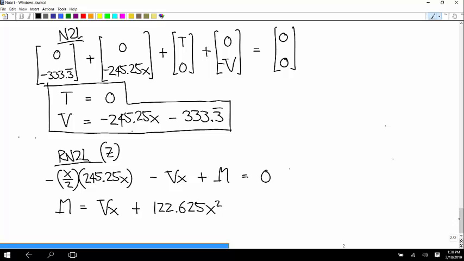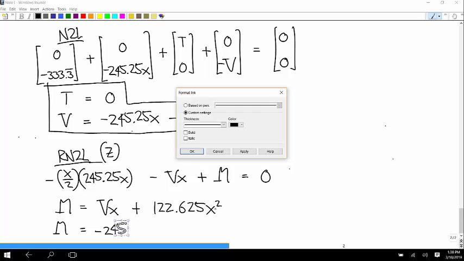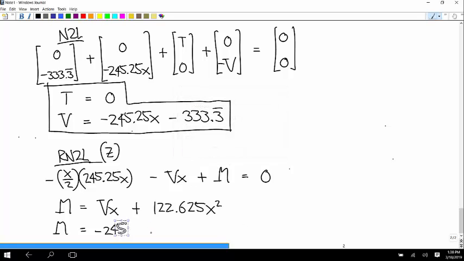And we already calculated V. So M is equal to negative 245.25 x times another x, so that's x squared, minus 333.3 repeating times x, plus 122.625 x squared.